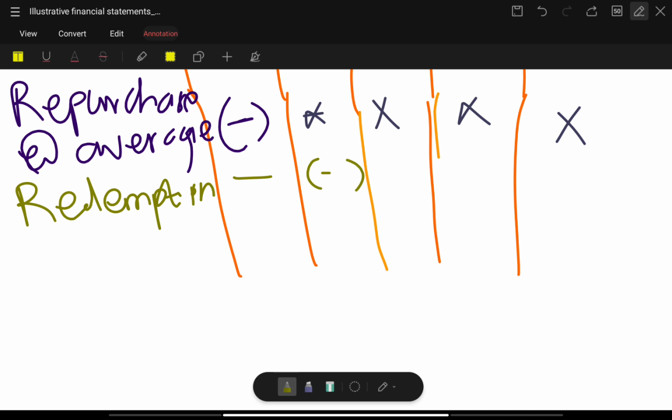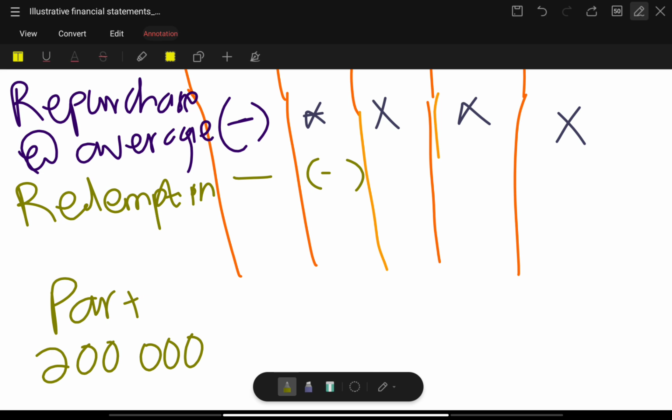They can say the preference shares are redeemed at a premium. That means you would take the par plus that premium rate. So if the par is 200,000, and they say a premium of 8%, then it is 200,000 plus 8% of 200,000. Does it make sense? So that's the redemption.